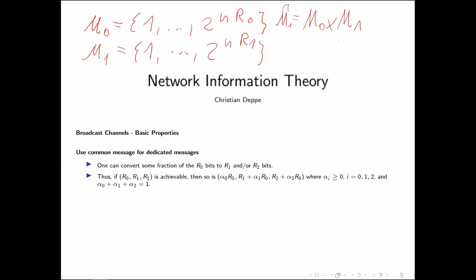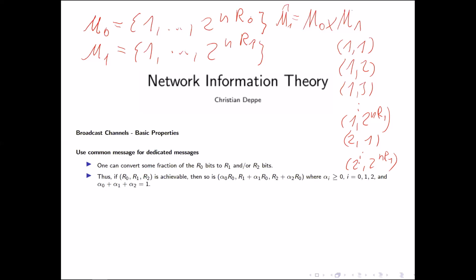And here now you have the messages (1,1), (1,2), (1,3), until (1, 2 to the n R1). And then the next message comes, (2,1) is one message, until we reach 2 to the 2n R1, and so on. That means in total, in this case, we can use the whole sets.